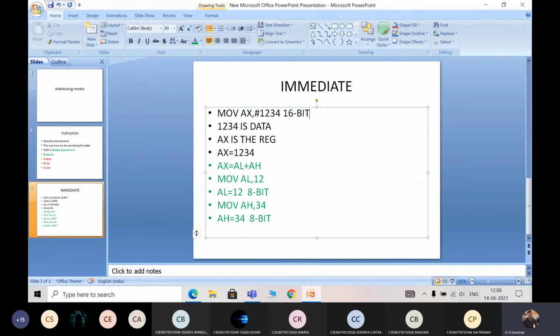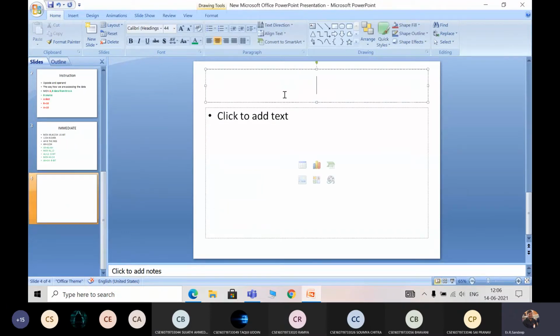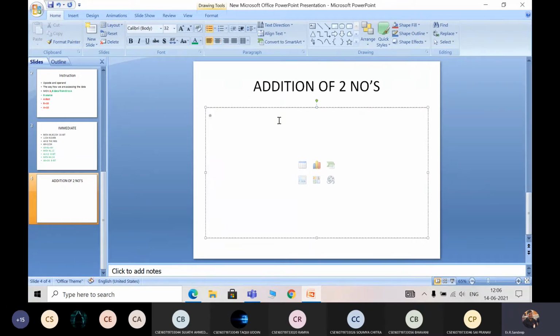So remember this one. This type of program will be asked in the 2 marks question. I will tell you, in immediate mode, simply addition of two numbers, or the sum of two numbers. How will they ask? It's simple.